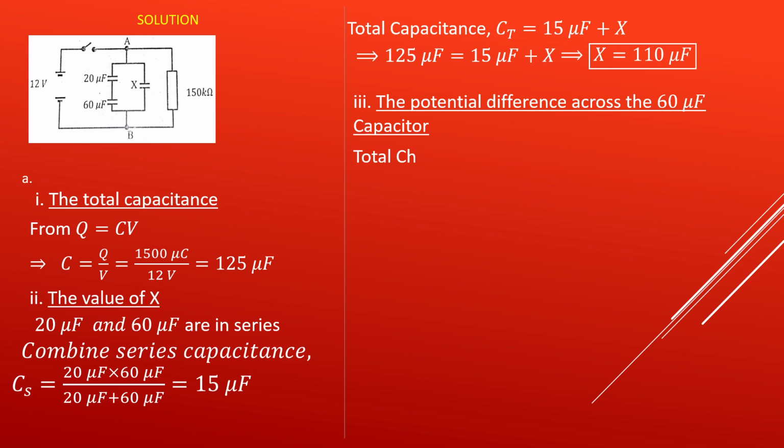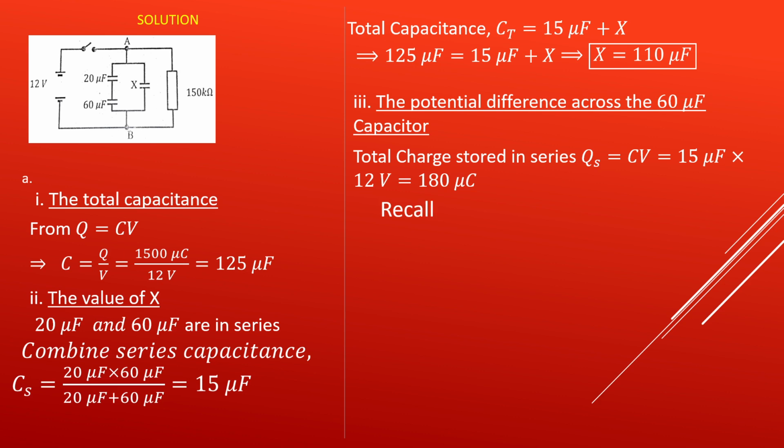So we should first of all calculate the total charge. The total charge stored in series will be Q equals CV, where C is the combined series capacitance CS, which is 15 microfarad, times 12 volt, which is equal to 180 microcoulomb.